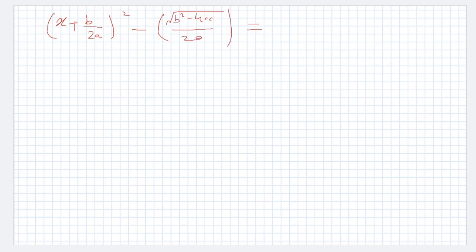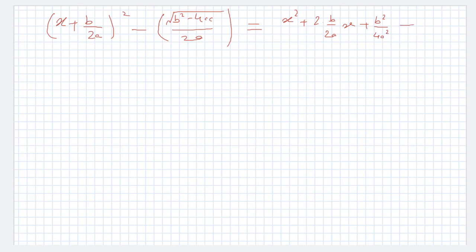So it's going to be x plus b over 2a whole square minus square root of b square minus 4ac over 2a, squared. I can expand over here, so it's going to be x square, applying the a plus b whole square formula, plus 2 times b over 2a x plus b square over 4a square, minus the square of this thing.